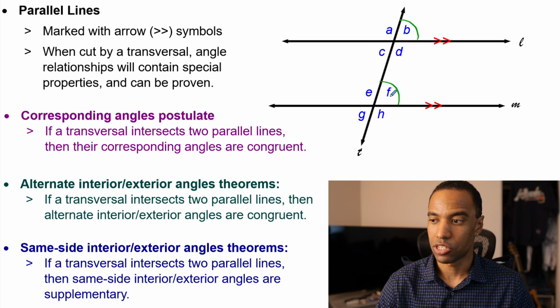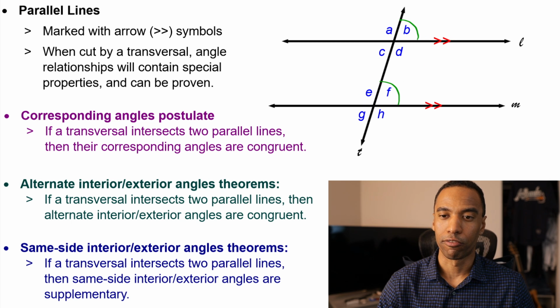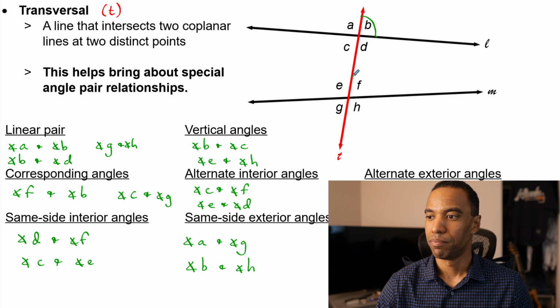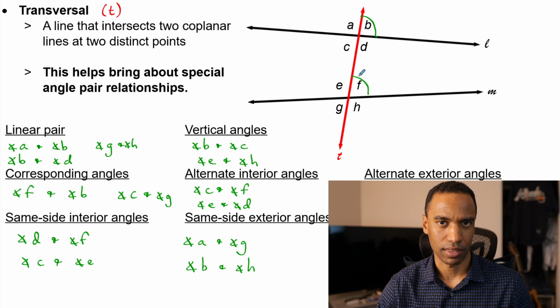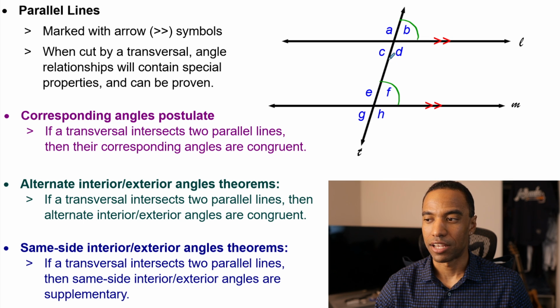Yeah, angle B is congruent to angle F now, when lines are parallel. Before, these lines weren't parallel, or at least we didn't know them to be parallel. These angles weren't congruent at the time. Now they are. And it's called a postulate for the corresponding angles one, guys, because how can this not be congruent to this?